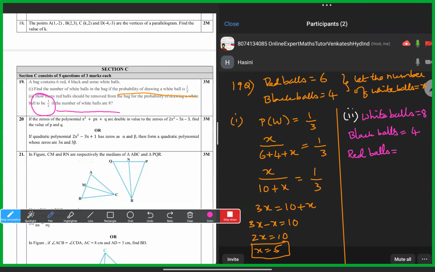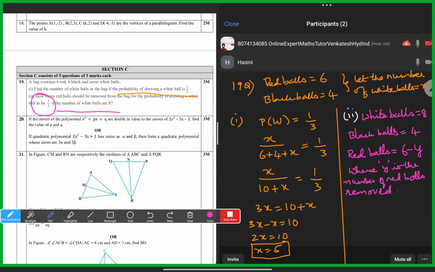If y balls are removed from 6, how many are present? 6 minus y, correct, where y is the number of red balls removed.